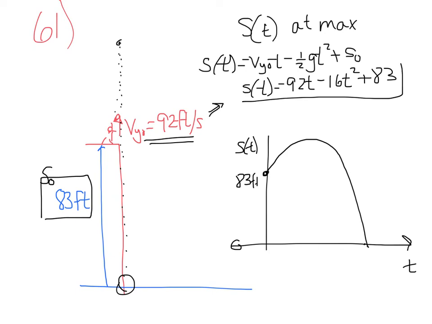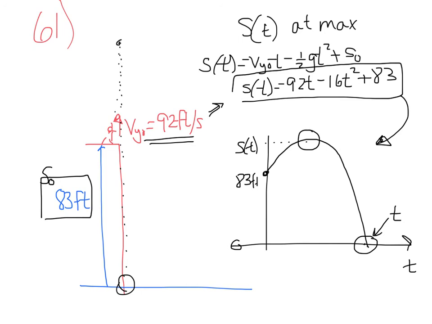There's your function. If you graph it, you can pick out the maximum height, and you can pick out how long it takes to hit the ground. That's the time at that point.